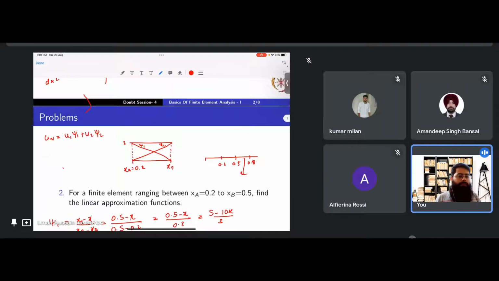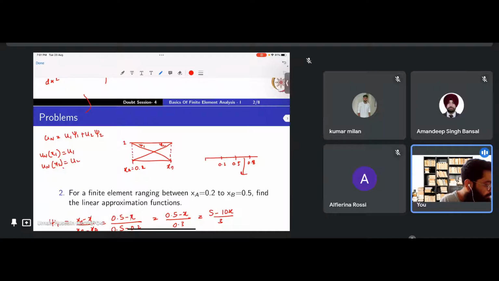So what should be the condition? At x1, u_N should give me u1, and u_N at x2 should give me u2.